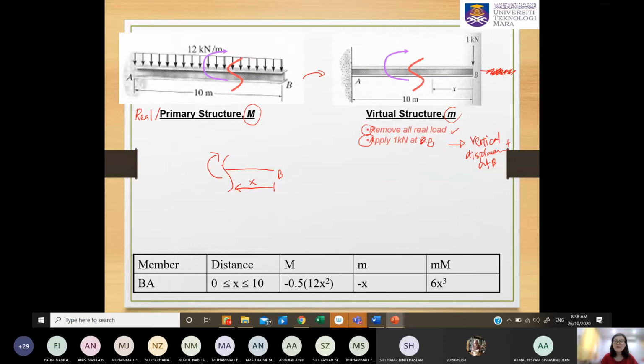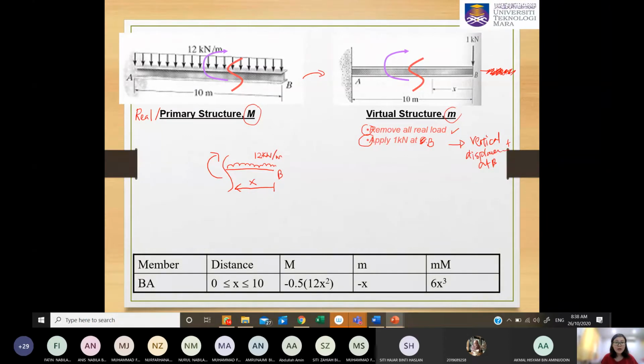The shear force and axial force can also be drawn, but my concern is only moment, so I only draw moment. This is my UDL, 12 kilonewton per meter.